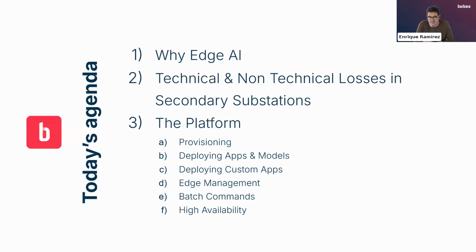Then, in the second point, we are going to see these technical and non-technical losses in a secondary substation use case, seeing this real use case we have prepared here in the Barbara platform.